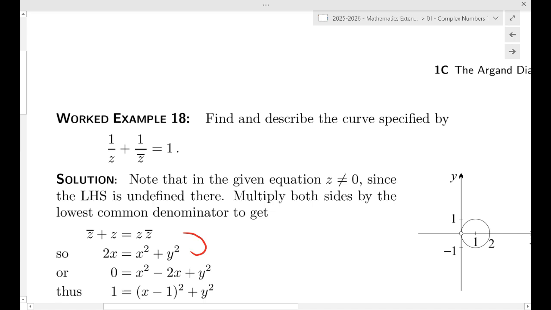Yep. Right. Okay. This one's square root.